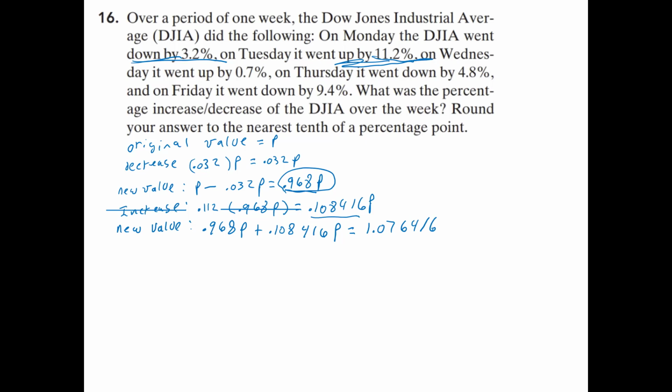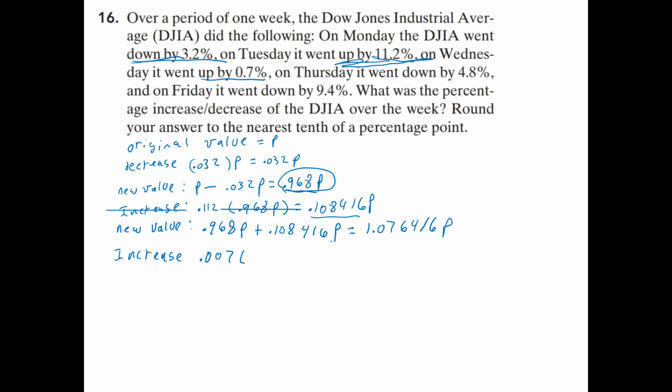Okay, so then we were up to Wednesday. Wednesday, it went up again by 0.7%. The increase is calculated the same way. Take your percent, 0.007, and multiply it times your base amount.